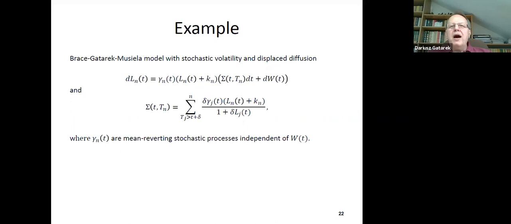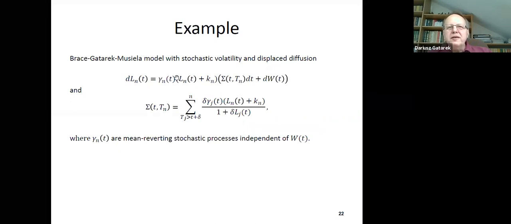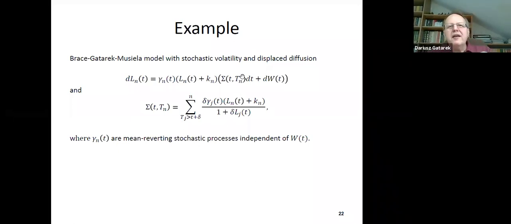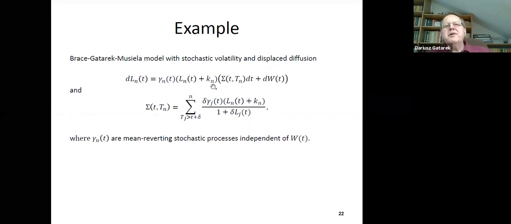And I proposed one of the best methods of modeling the skew, which was displacement. So is to shift a bit the underlying, so that we don't model the stock price, but stock price plus a deterministic number. So in this case, we don't model forward Libors, but forward Libors plus a small number or a big number.